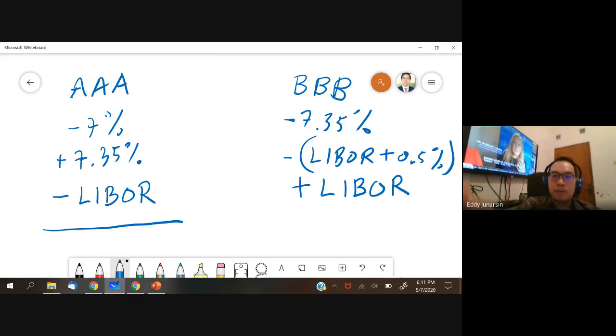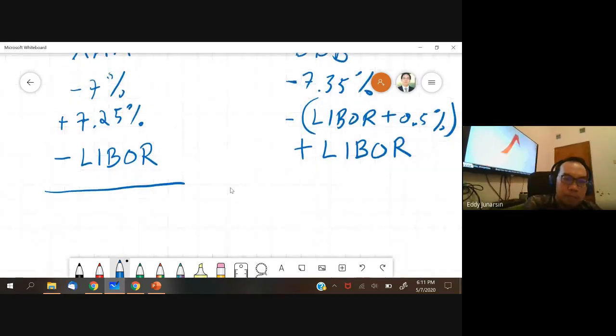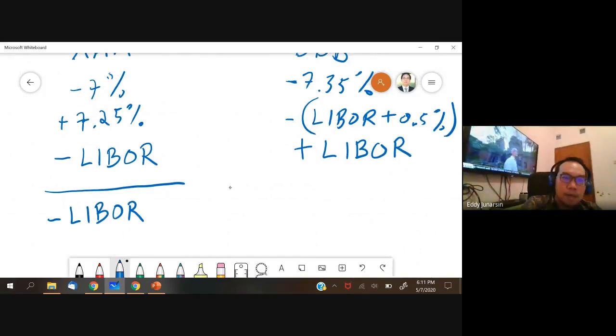So the triple B will pay 7.35, but we will receive 7.25 only here. Okay, so what will we receive here? So minus LIBOR, right? And then we have the positive 0.25.